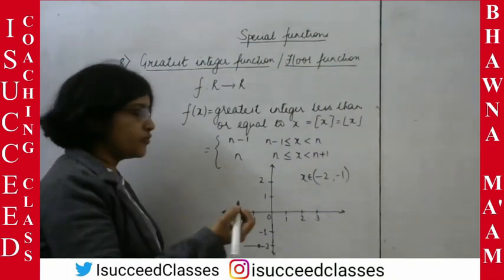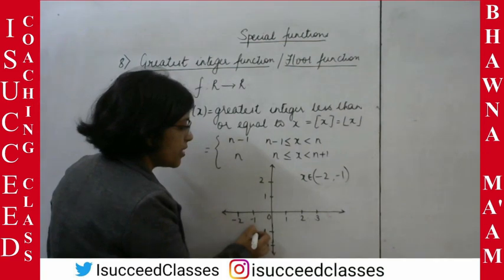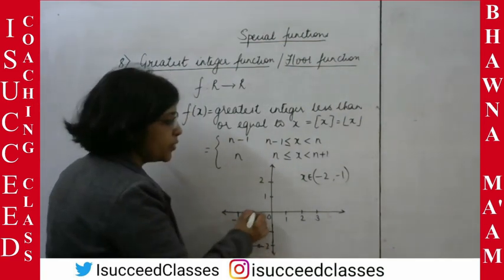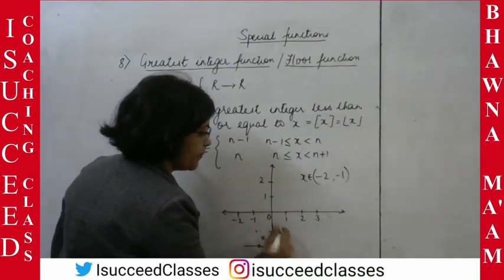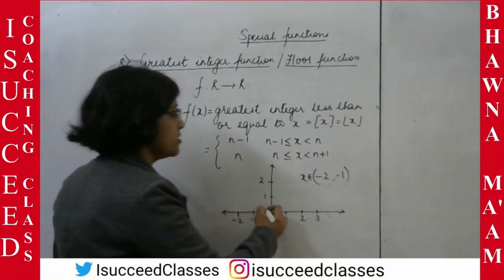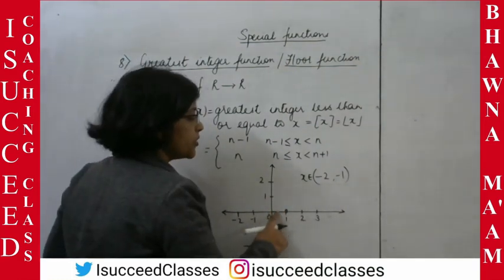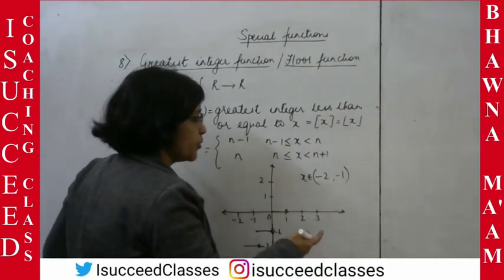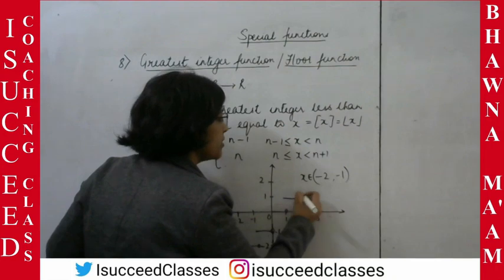In the previous graph also we put an open circle to show that the value doesn't belong here, it goes up here. For every value between -1 and 0, the answer will be -1. But as soon as we go to 0, the answer goes to 0. All values between 0 and 1, 0.1 answer 0, 0.5 answer 0. For 1, the answer goes to 1, and so on.